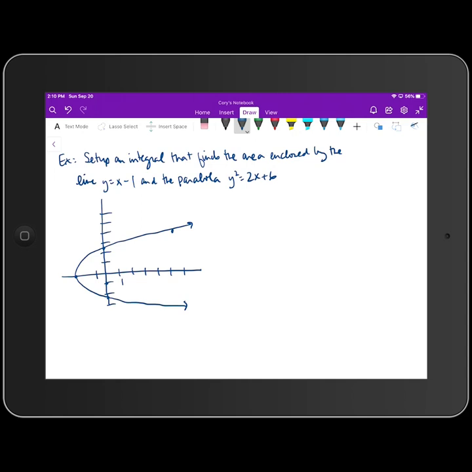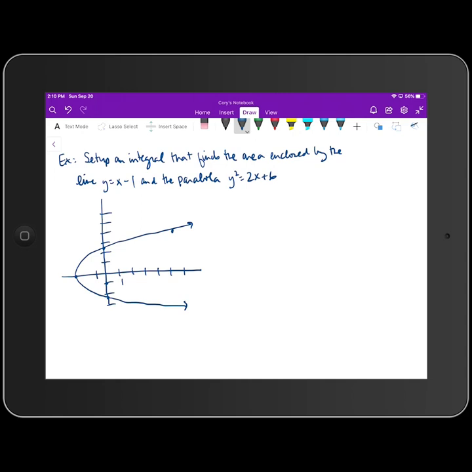And again, the way that I remember this is if you have y is equal to x squared, the graph opens up. Y is equal to negative x squared, the graph opens down. You have x is equal to y squared, the graph opens to the right. X is equal to negative y squared, the graph opens to the left.